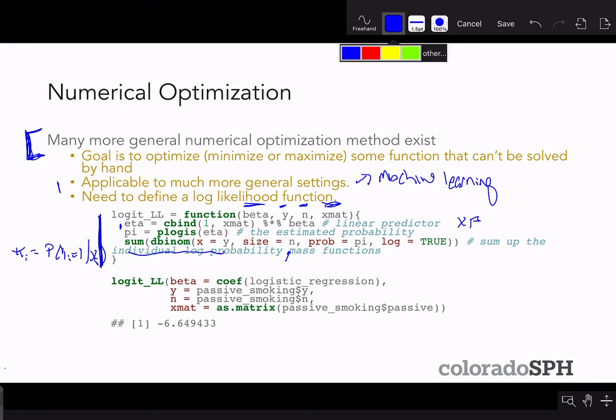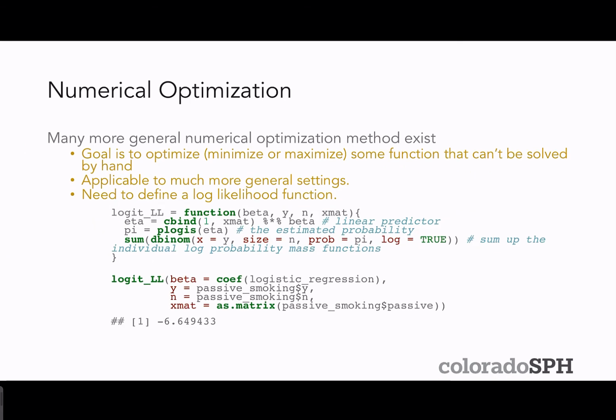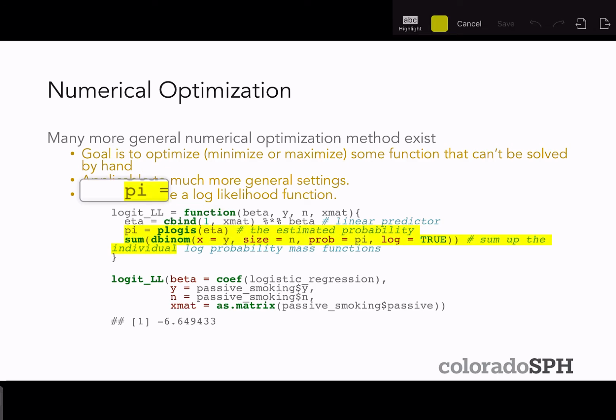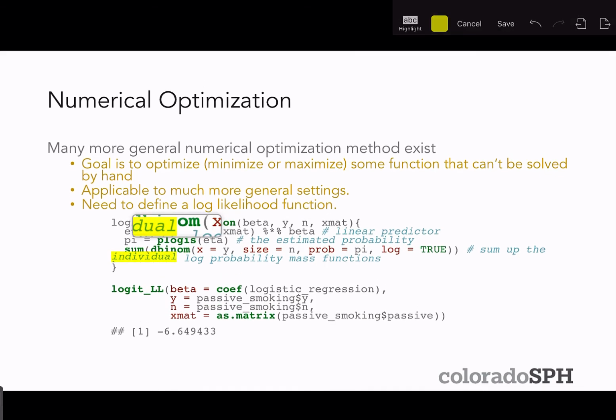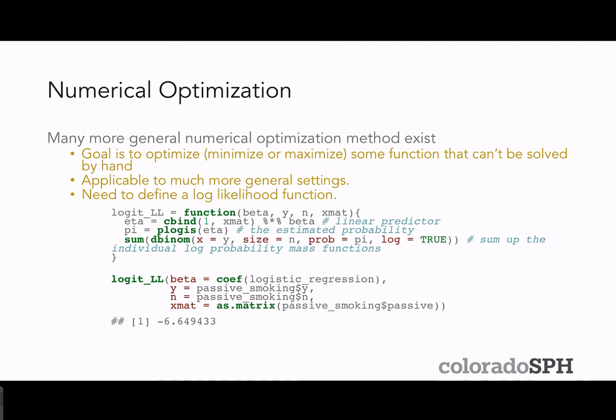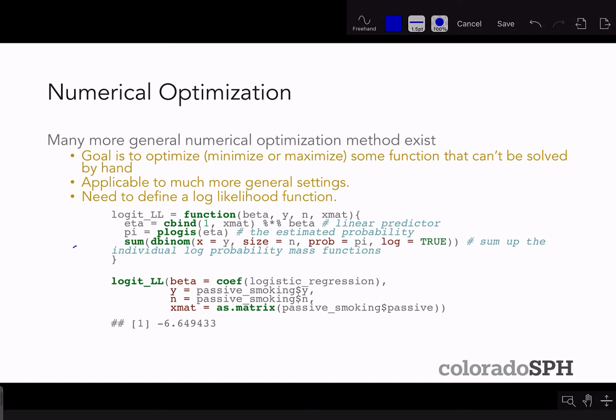The log likelihood itself is calculated by using the pi and the x betas to get the density across all of the different independent y's.